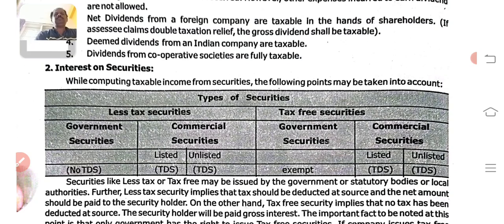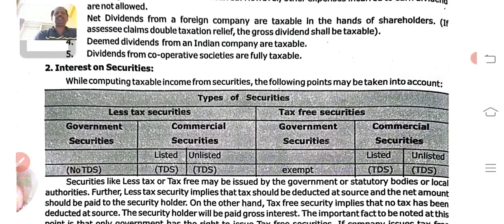While computing income from securities, the following points must be taken into account. So, what are the types of security? Securities may be classified into two types: less tax securities and tax free securities. Less tax securities may be classified into two types: government securities and commercial securities.